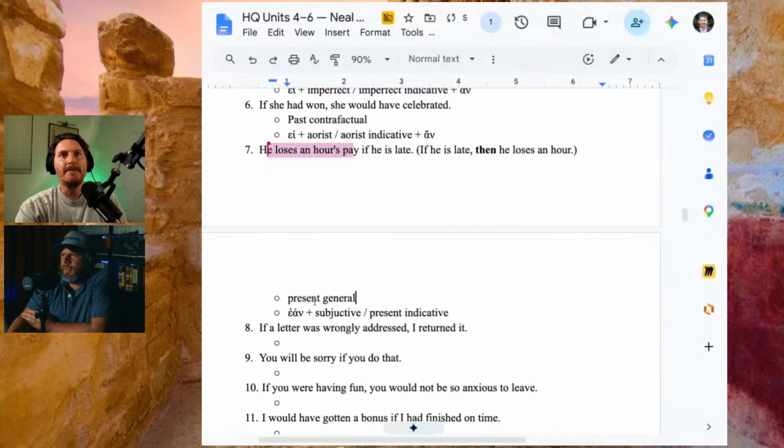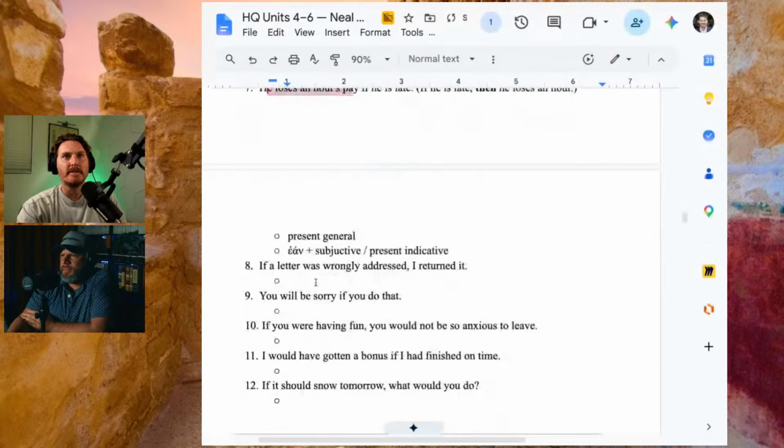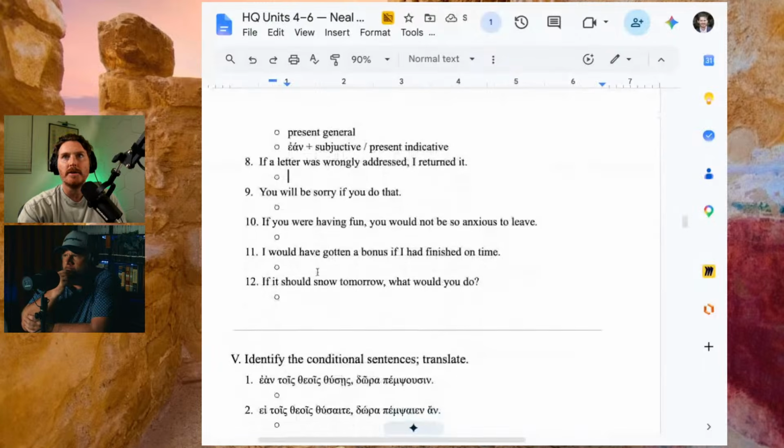All right. Now, if a letter was wrongly addressed, I returned it. If a letter was wrongly addressed, so that one's back in order again. The protasis is if the letter was wrongly addressed. What is it called again? Let me look at it again. Optative. Yep.